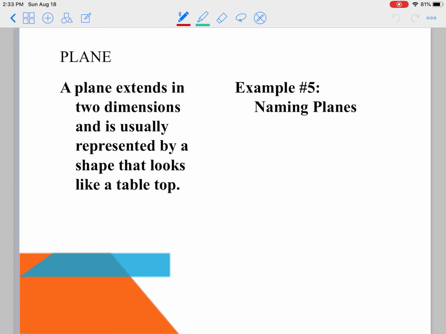A plane. So now we're moving up another dimension, so now we're working with 2 dimensions. A plane extends in 2 dimensions and is usually represented by a shape that looks like a tabletop. A lot of times you'll see it drawn in this manner.